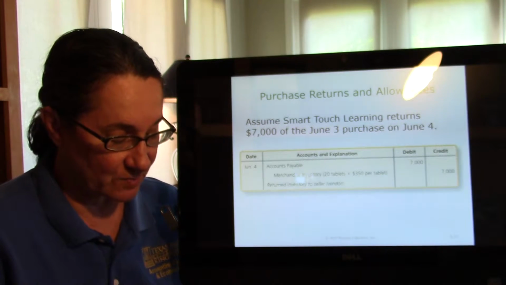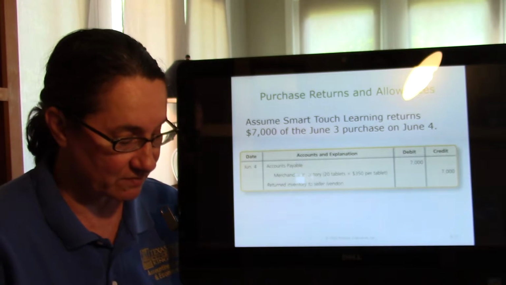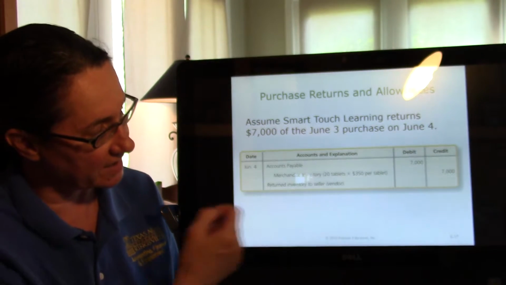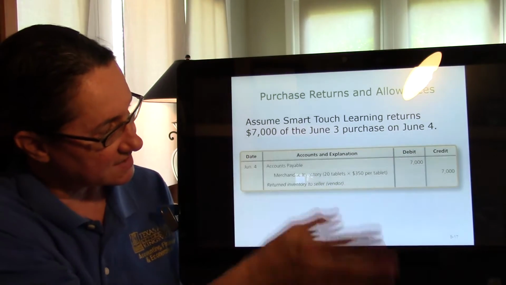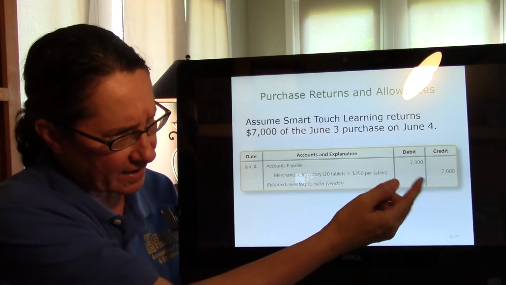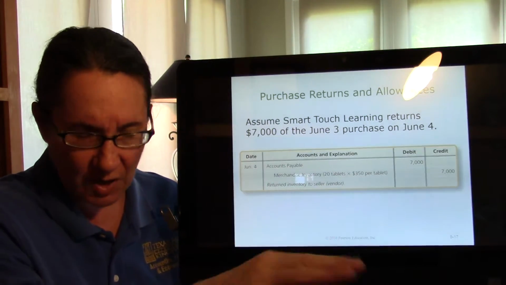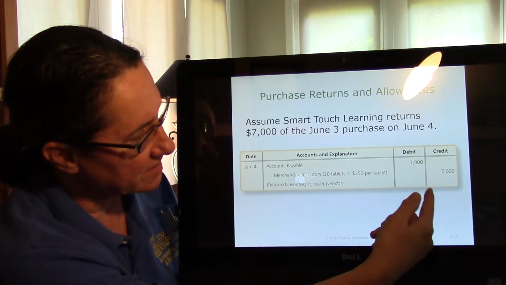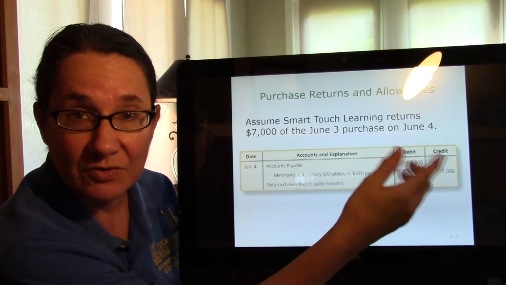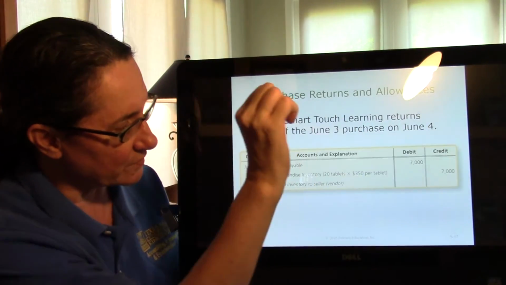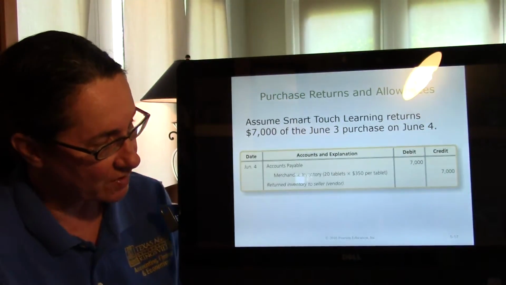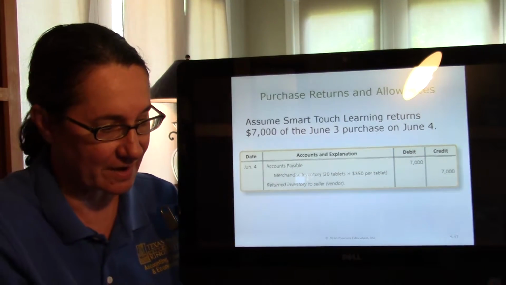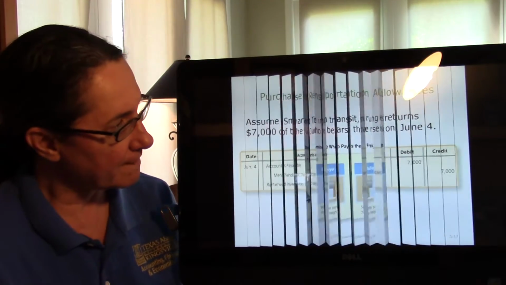This has the effect of reducing the outstanding accounts payable from 35 to 28. So to recognize that, we take that $7,000 off. So we no longer owe that because we returned it. So we debit accounts payable and we credit merchandise inventory because those are no longer in the inventory, right? So we just take those off. It's just the opposite transaction of putting them on. We're returning them. We're taking them out of there.